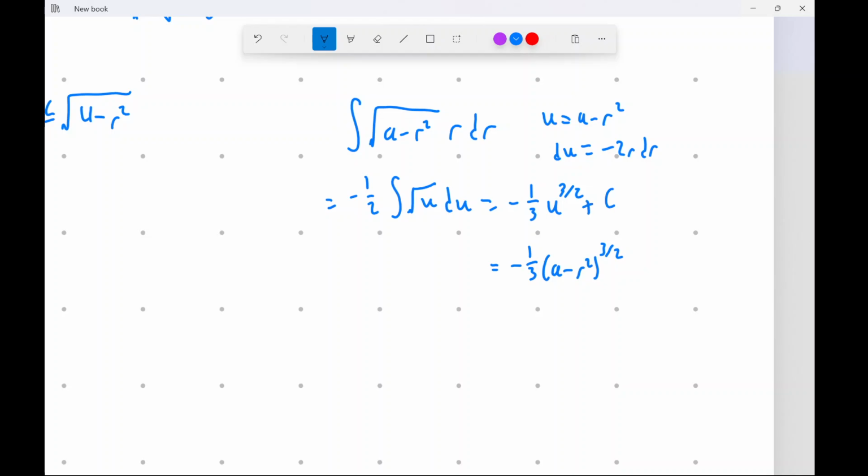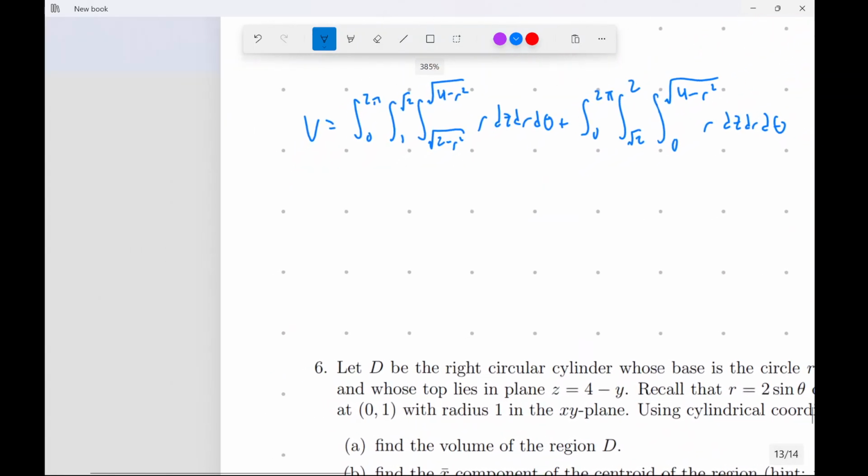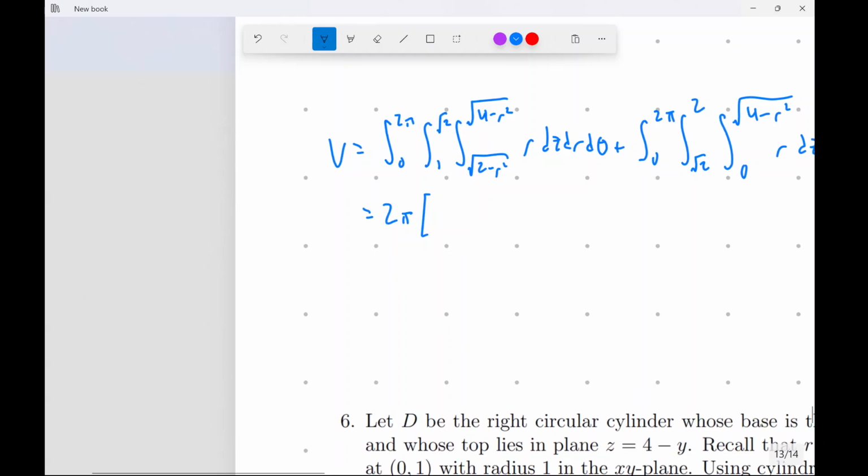And I guess I should say plus c. And so now if I go back to doing this, the theta integral is easy. It's just 2 pi.